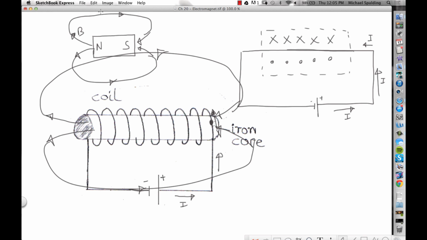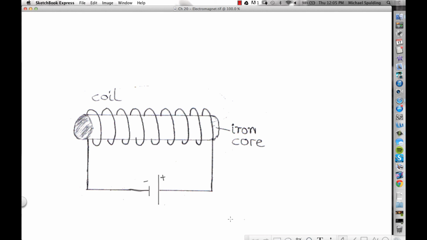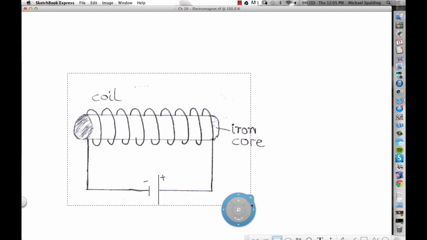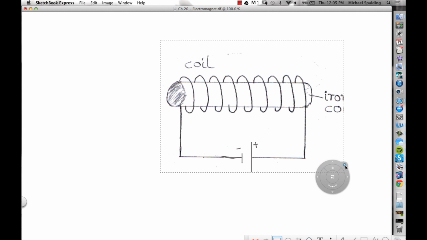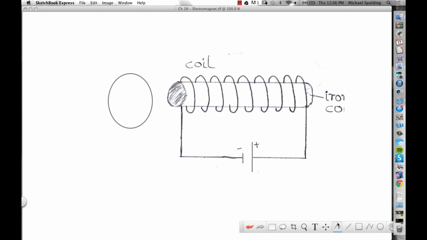Basically, let me try to draw a picture. Let me revert this, and then I'll show you in class here. What you're going to see in the homework set is like this. Okay, so here's our electromagnet. Scoot this over. And you're going to have a coil of wire. So here's what you're going to see in the homework set.